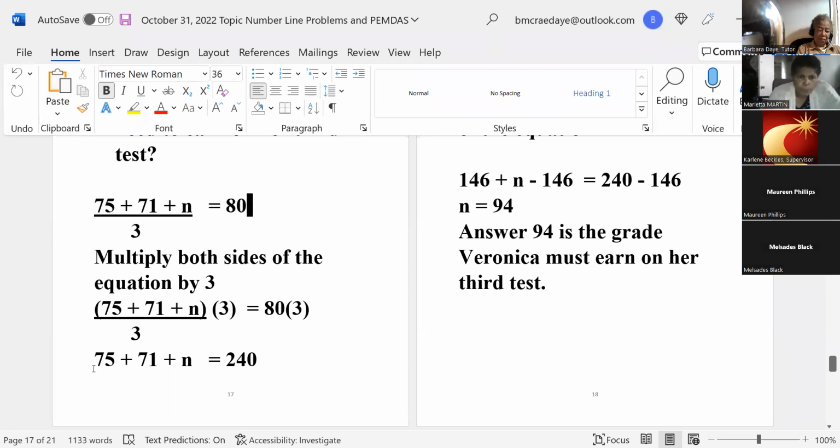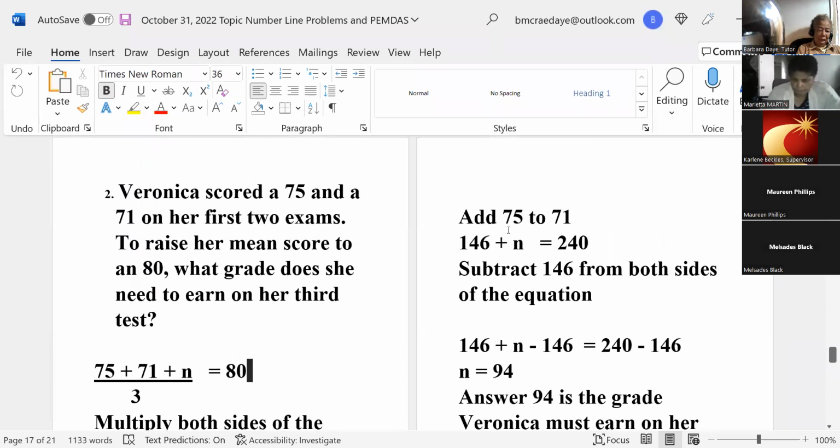So you just have 75 plus 71 plus n. 3 times 80 is 240. Now, what number adds to n to give you 240? You add the 75 to 71, you get 146.